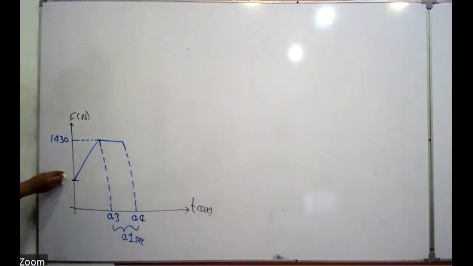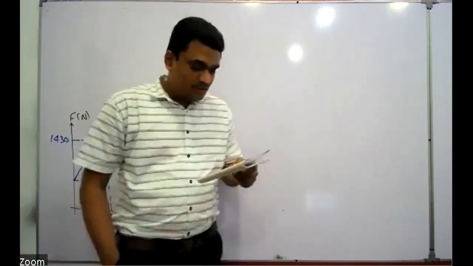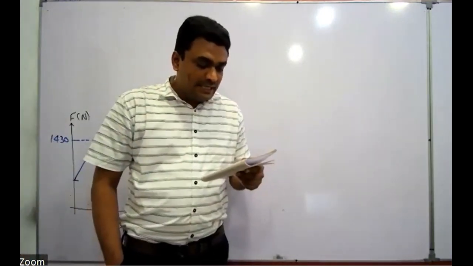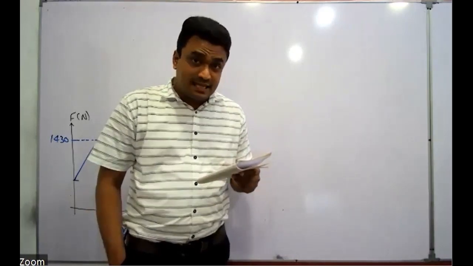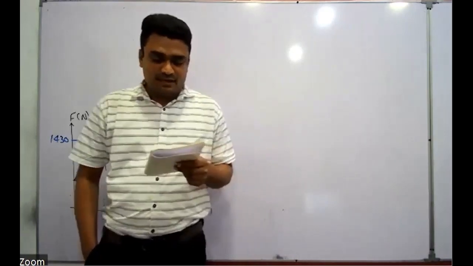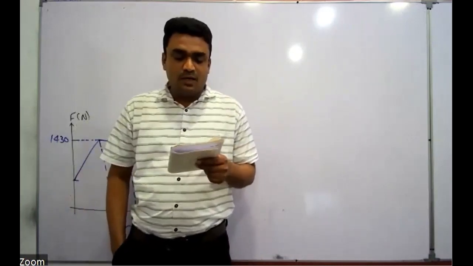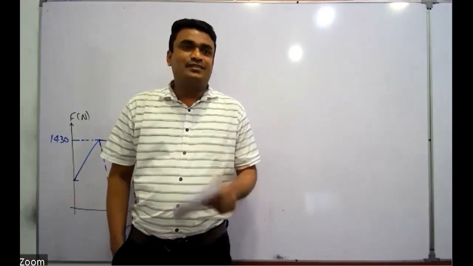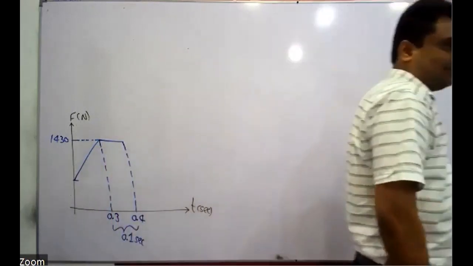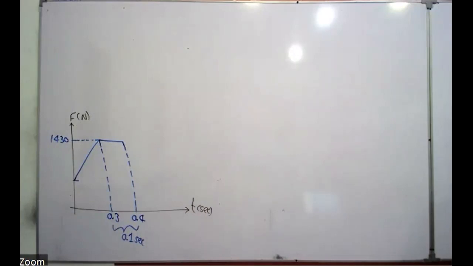Underline the words equal to the person's normal weight of 650 Newton. Read the question from the very beginning. Do not answer. Read everything.